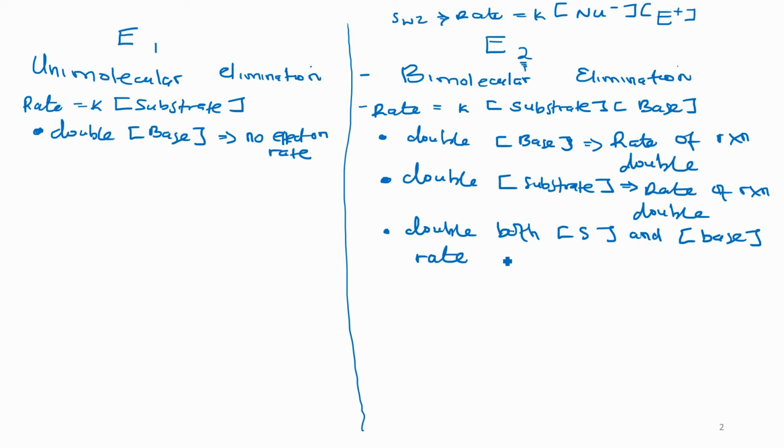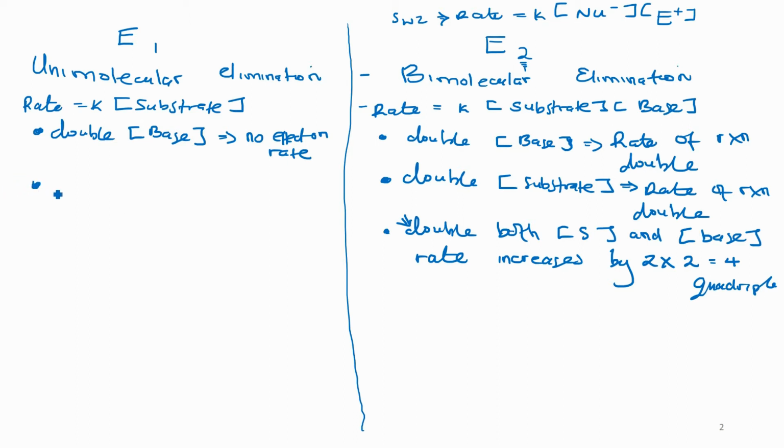The rate increases by a factor of 2 by 2. You just multiply what you're doing. If you're doubling, you multiply by 2 by 2. If you're tripling, it's 3 by 3. If you triple one and double one, the rate will increase by 3 times 2. So the rate will quadruple.